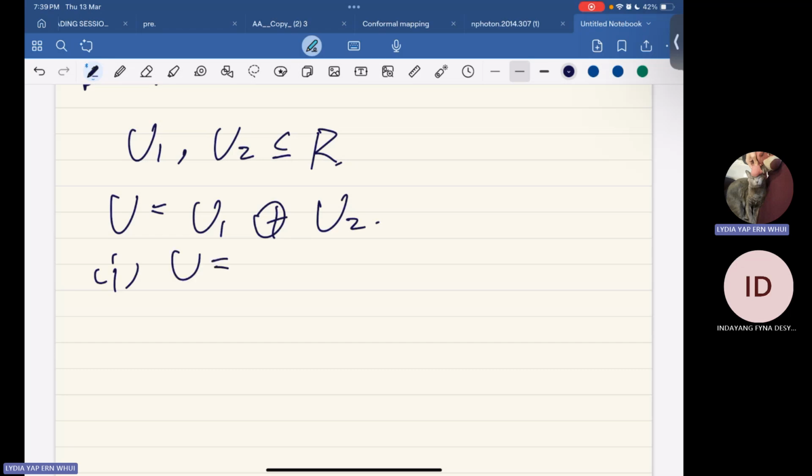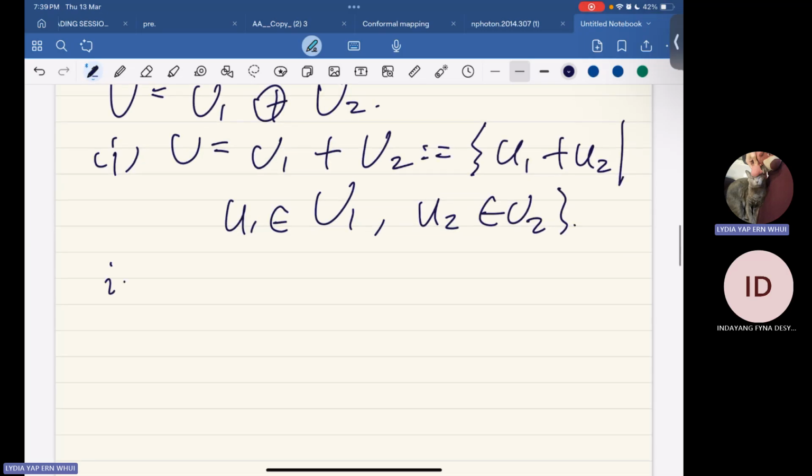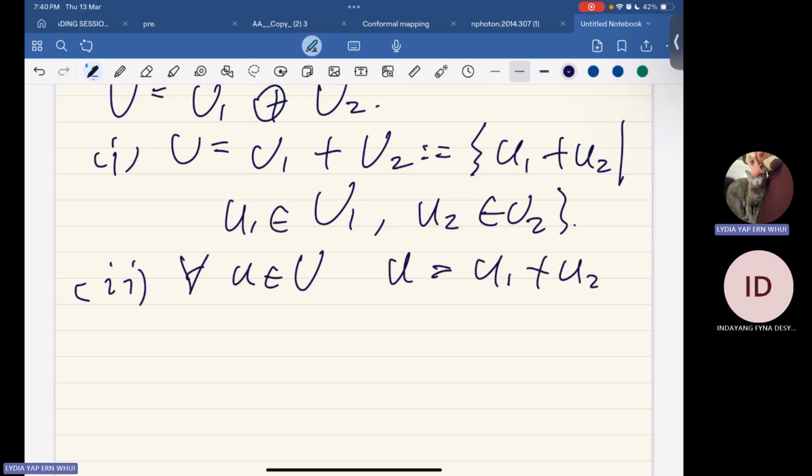First, U is equal to U1 plus U2. That means U is the set of u1 plus u2 such that u1 belongs to U1 and u2 belongs to U2. And our second condition is that for all u in U, it can be written uniquely as u1 plus u2, and this should be unique.